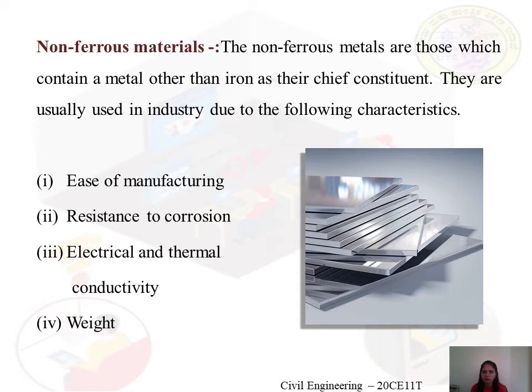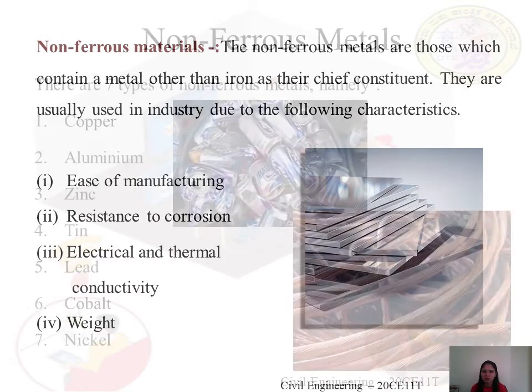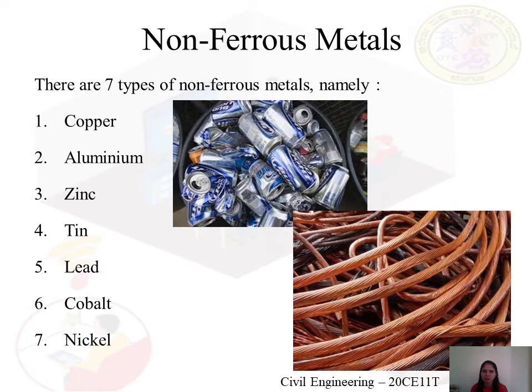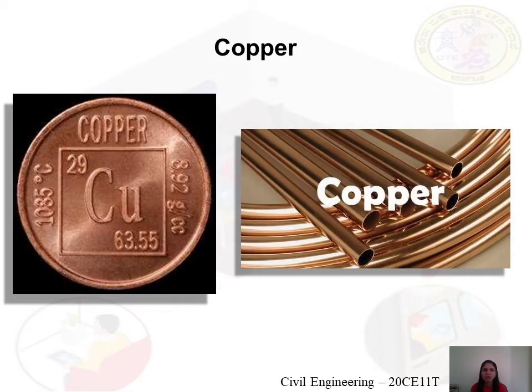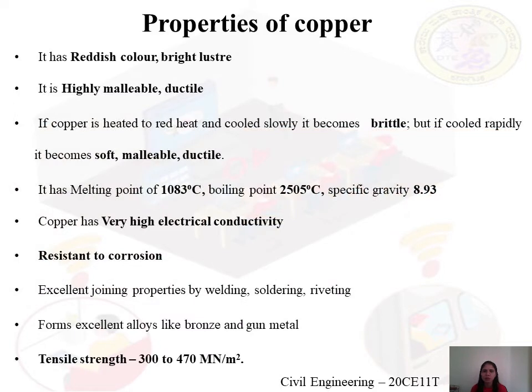Now we will move on to the types of non-ferrous metals, that is copper, aluminum, zinc, tin, and so on. Let's study each metal in detail. Let's move on to the next one, that is copper. Copper is a very soft and ductile material in its pure state.